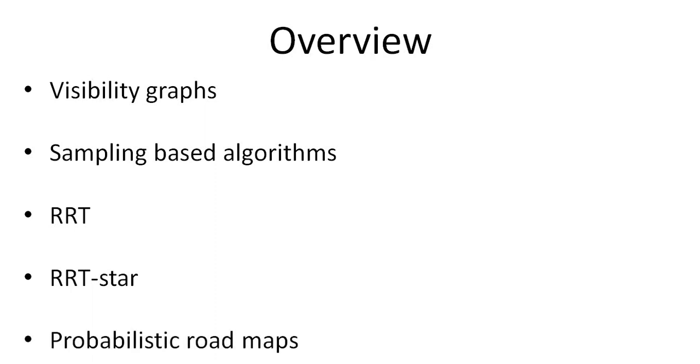And finally, we shall discuss probabilistic roadmaps. This is another type of sampling-based algorithm, and we shall see how they are different from RRT algorithms and how we can use them to find the shortest path.